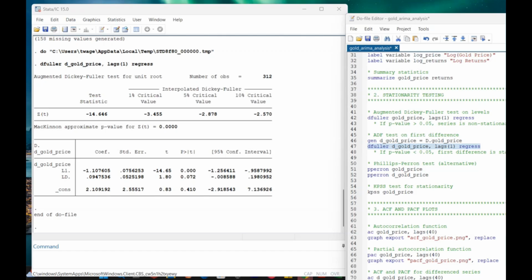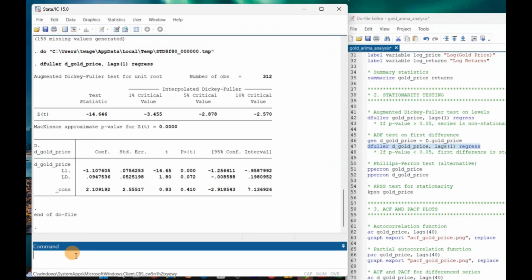Now the code is very simple. You need to use this command only. Can we make the autocorrelation function? We are going to test the autocorrelation.